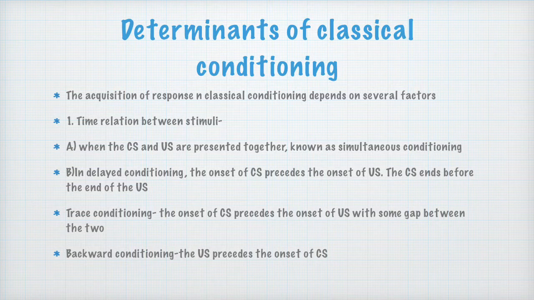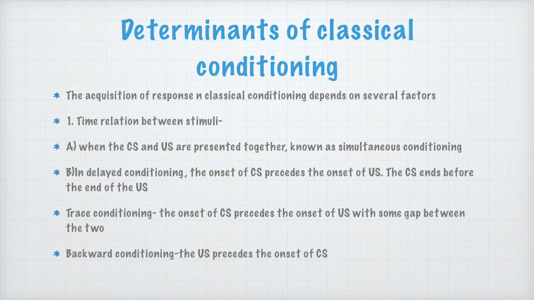Now the third one is trace conditioning. The onset and end of the conditioned stimulus precede the onset of the unconditioned stimulus, with some time gap between the two. If you think of the same situation, you order the pizza, you get the aroma, the smell of the pizza, but then the pizza is presented to you after an hour, after a long gap.